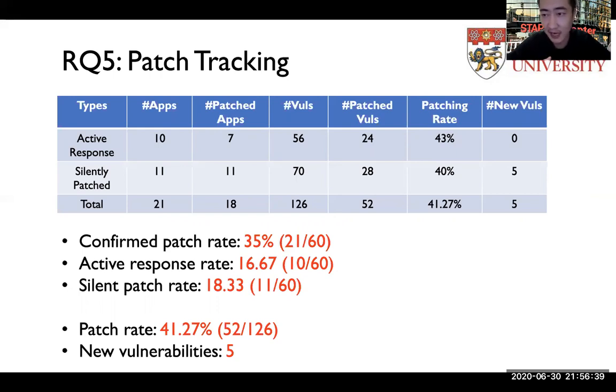When they fixed our reported vulnerabilities, 5 new vulnerabilities were introduced in the new release versions, which indicates that the security assessment process is immature in the industrial banks.